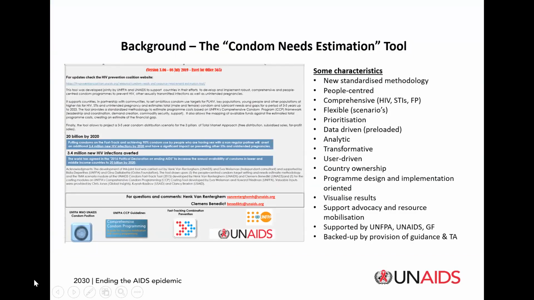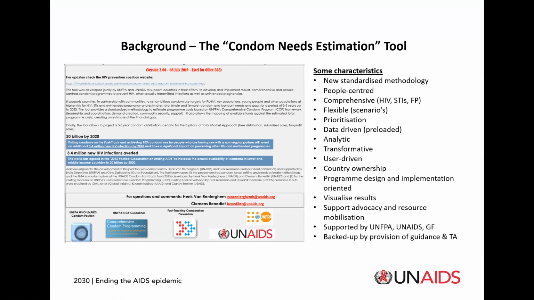So a few years ago at global level, around 2015, there was a realization that there were serious challenges with condom programming across the world, with many different dimensions contributing to these challenges and a decline in support for condom programming.